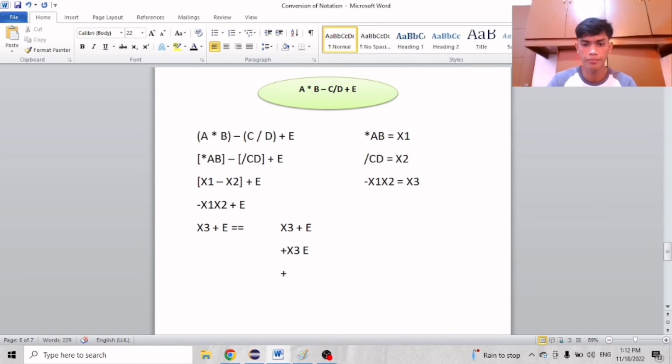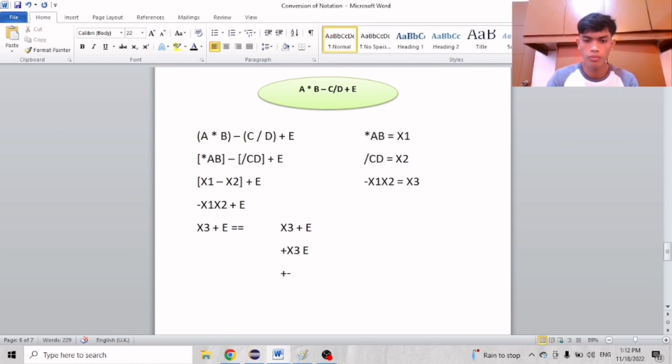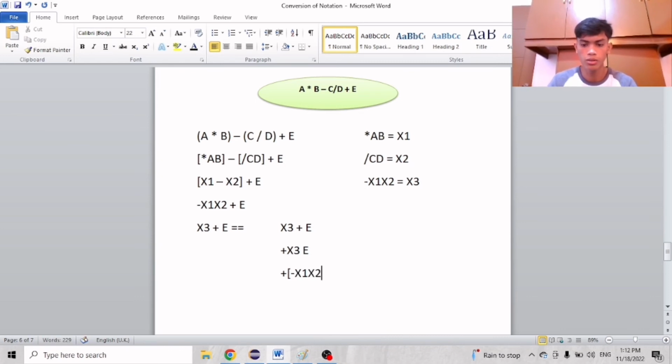So plus minus X1 X2 E. Then we convert the X1 and the X2 into their positions.